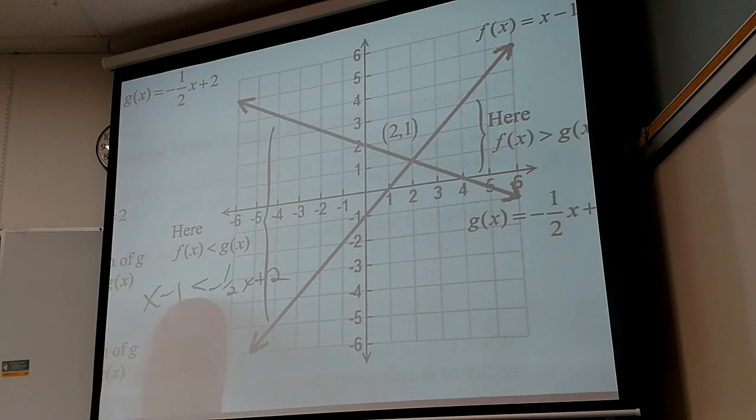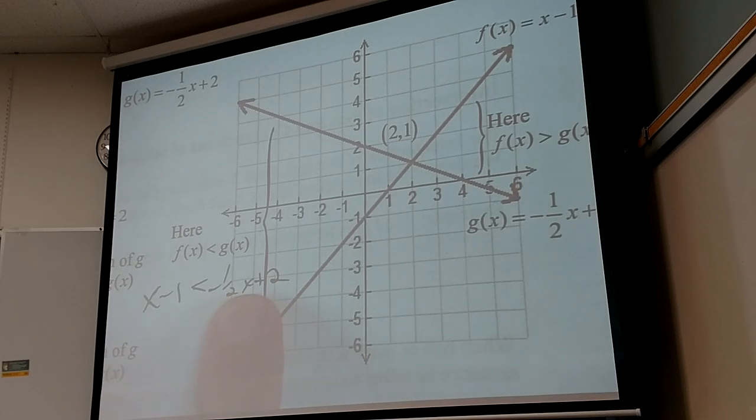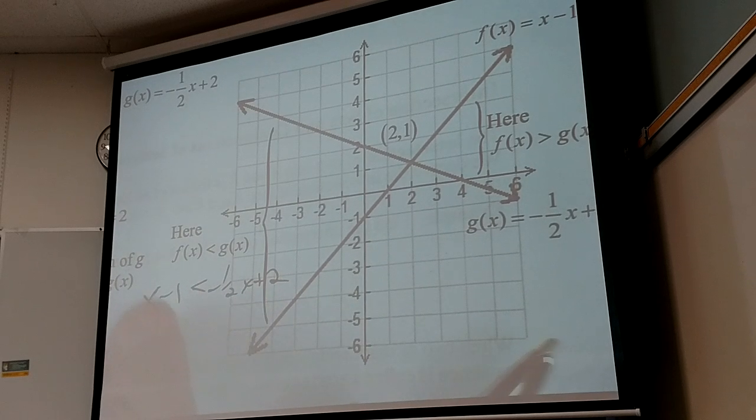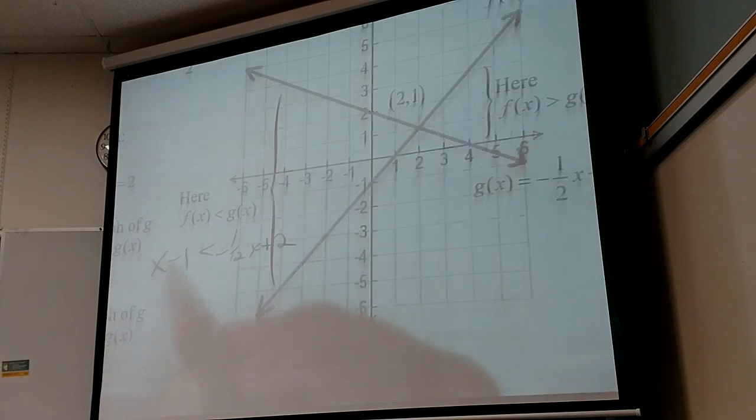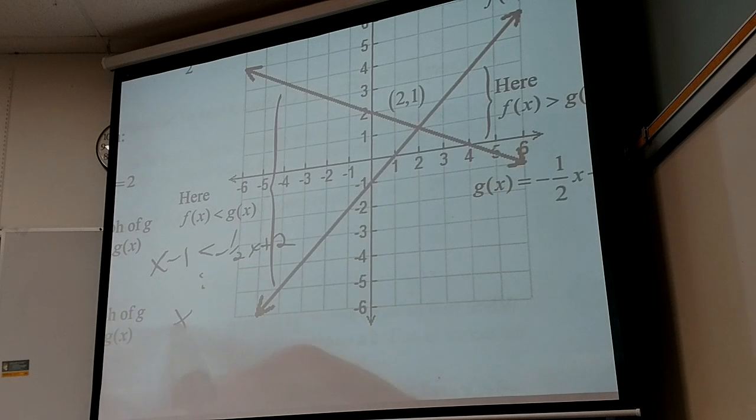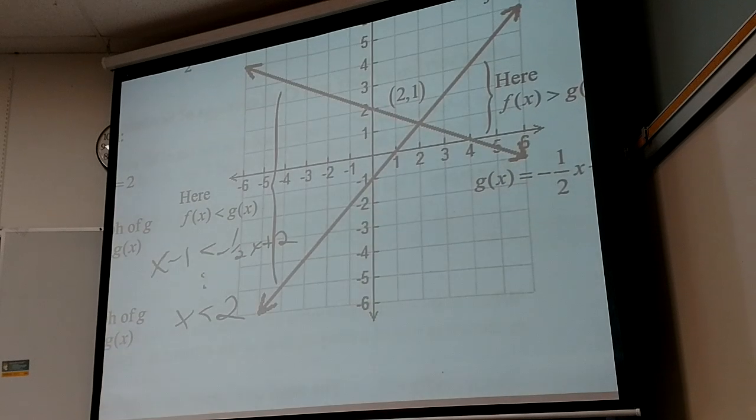But right now, how do I solve this geometrically, where this line is below that line, for x values less than 2? So what's the answer to this inequality? X less than 2. We're going to actually do that problem in a minute and verify that that's what we get.